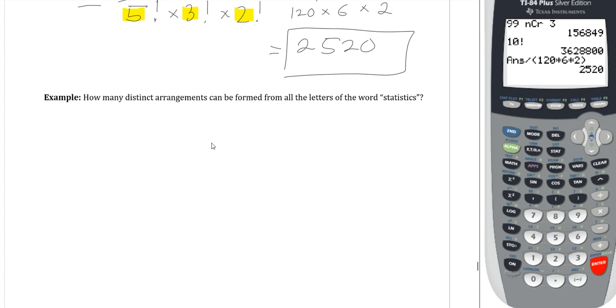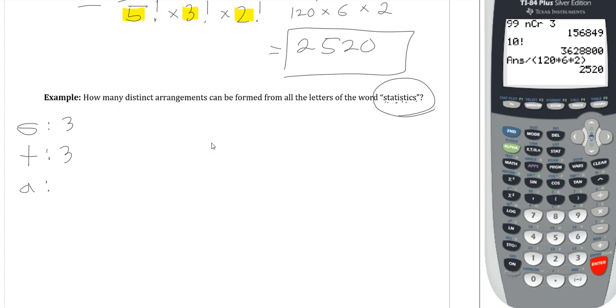Let's do another one. How many distinct arrangements can be formed from all letters of the word statistics? Well, if you notice, the letters in the word statistics, some of them are repeated. So let's go through those. First, we have the letter S. There's 1, 2, 3 S's in the word statistics. Then we have the letter T. There's also 1, 2, 3 T's in statistics.